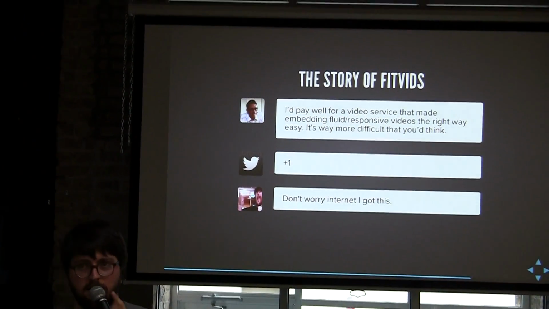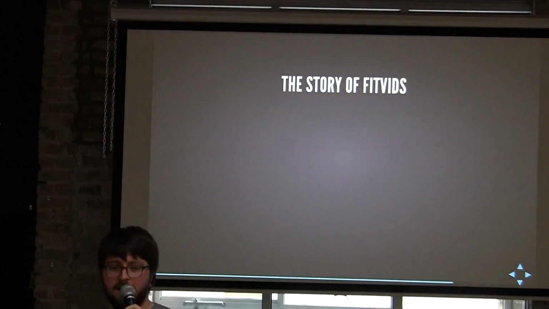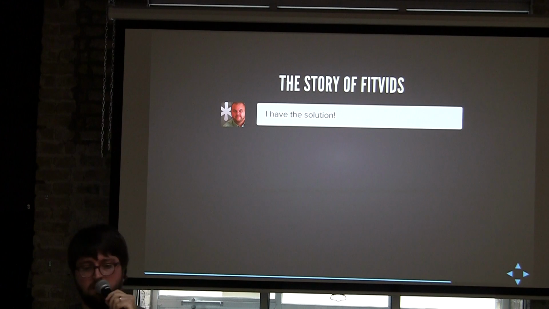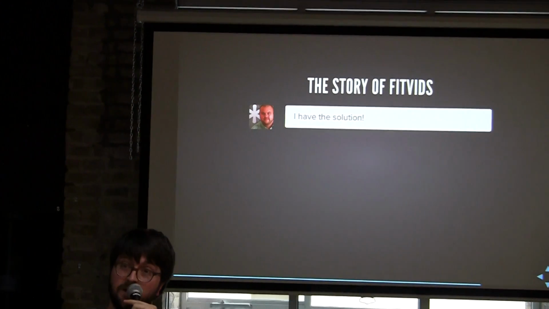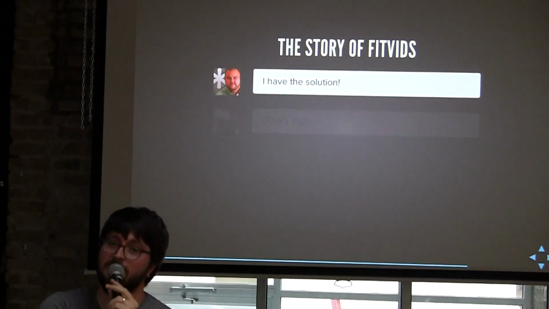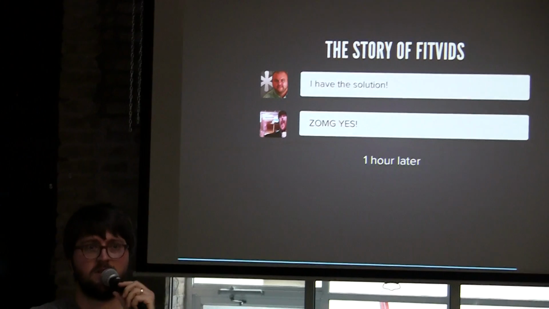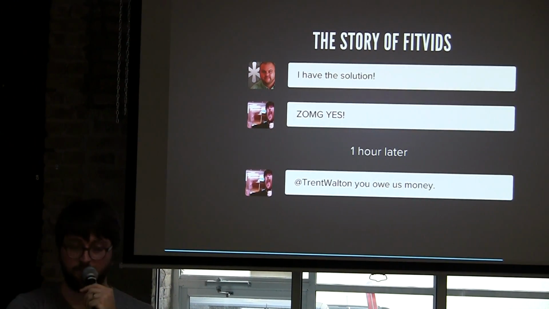And I said, don't worry internet, I got this. Uncle Dave's on the case. Chris Coyier, my co-host of the ShopTalk Show, and probably you've been to his blog, said, I have the solution. And if Chris Coyier says he has the solution, you listen to him. So about an hour later after talking with Chris, we had a tiny jQuery plugin.